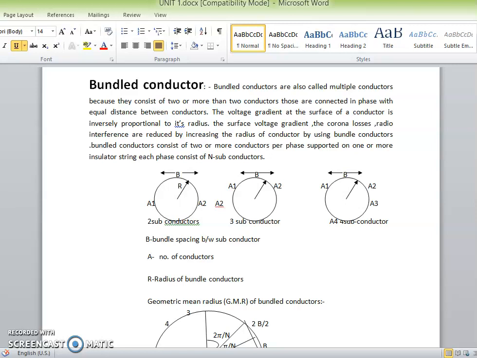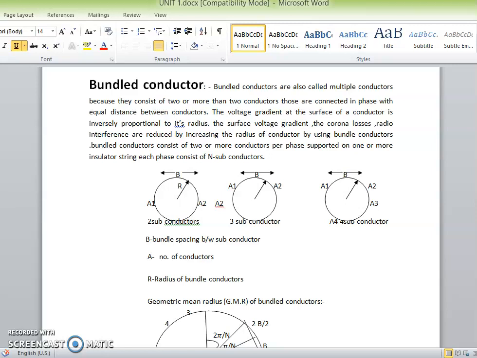Bundle conductors are used for transmission purpose, obviously for high voltage or extra high voltage, as it helps to obtain better voltage regulation and efficiency by reducing the inductance and skin effect present in power lines. These cause considerable losses in transmission line. There are many advantages of using bundle conductors in transmission line.